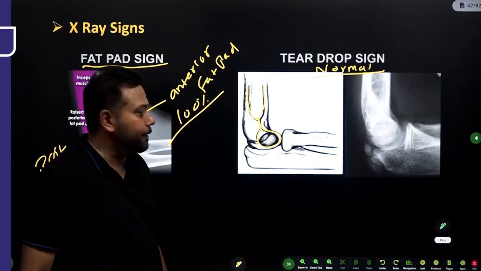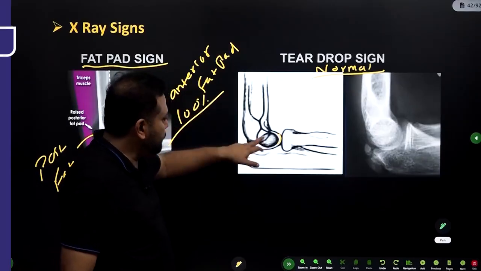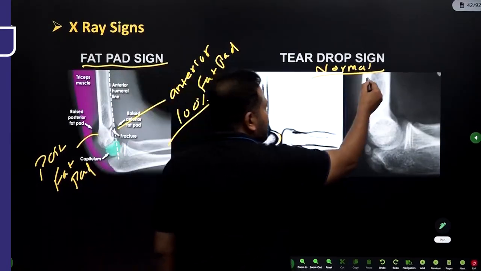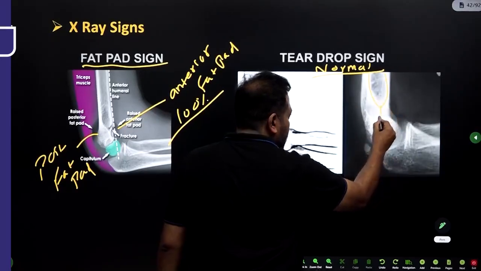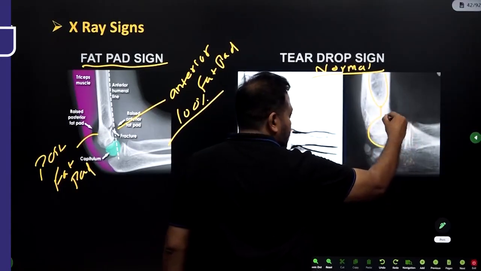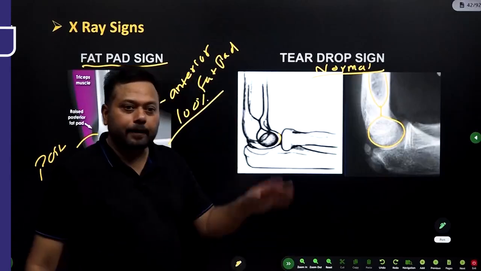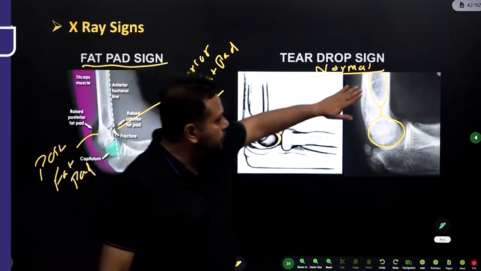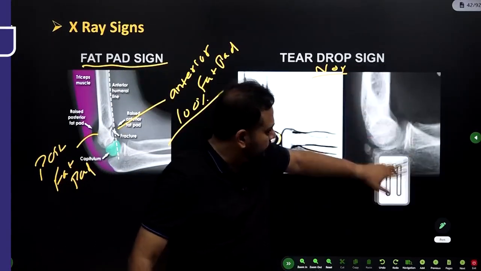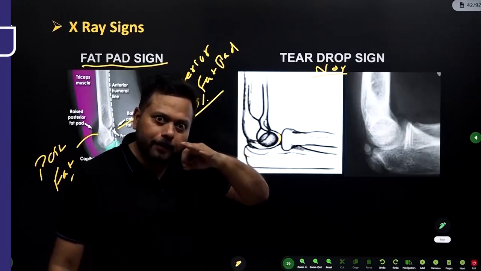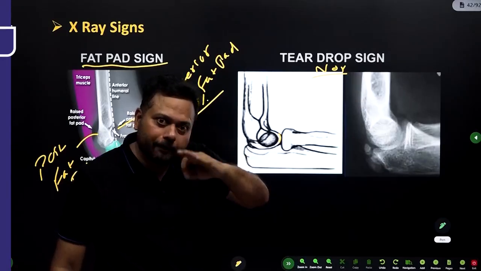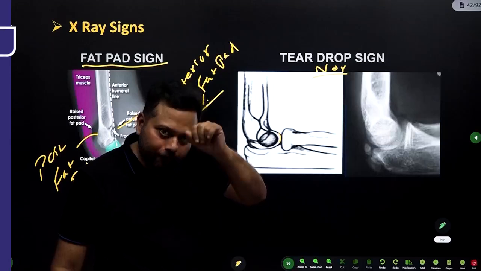Is it not looking like a real X-ray? You see the real X-ray? I am seeing here this capitulum. I will erase this now. You just concentrate. Is this not looking like a teardrop? So, teardrop sign is a normal sign of the lateral view of the elbow joint in all of us.